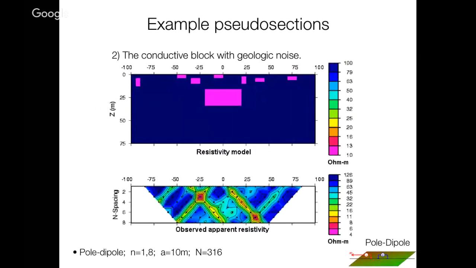I'm putting just a few pieces of clays or graphite, something that's conducting up here. Same experiment, look at the pseudo-section, and I get that. So there's your image of your data, but you cannot convert that to geology.